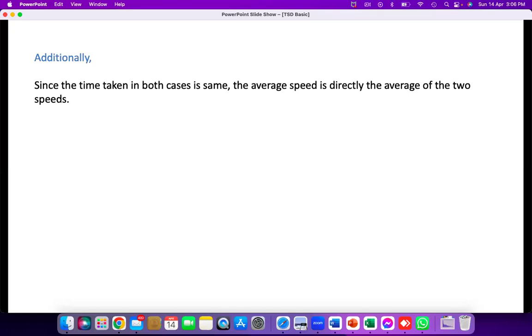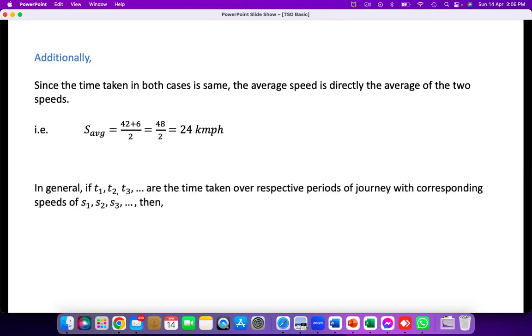Clear? So this is how you can get it. If time is the same, then average speed is nothing but the average of the speeds.